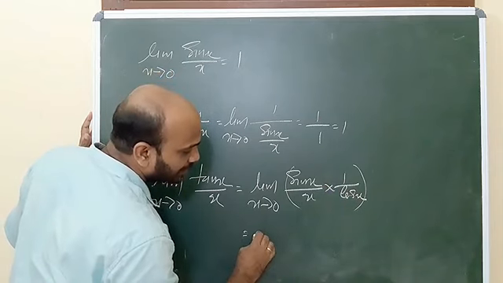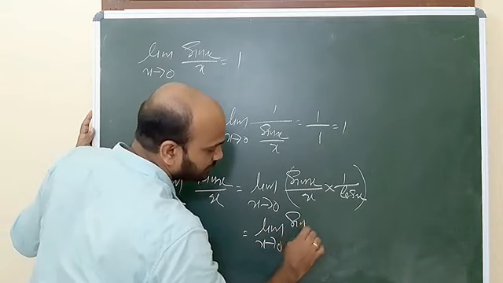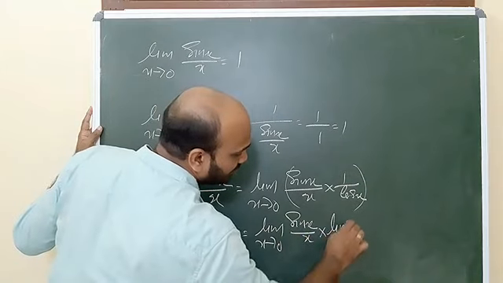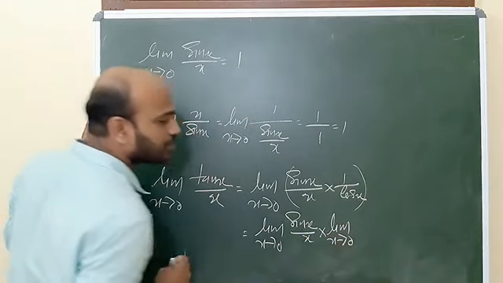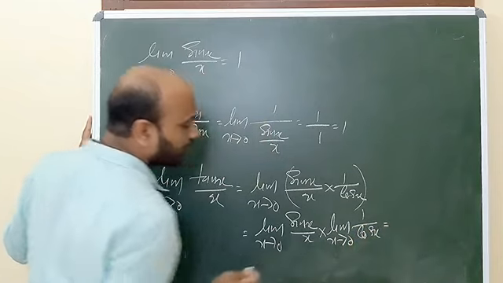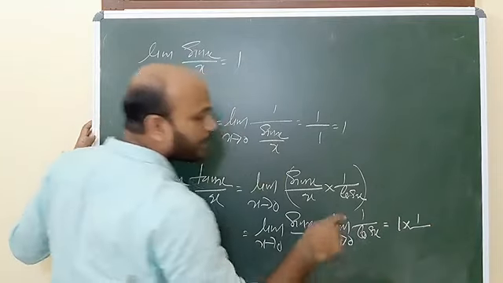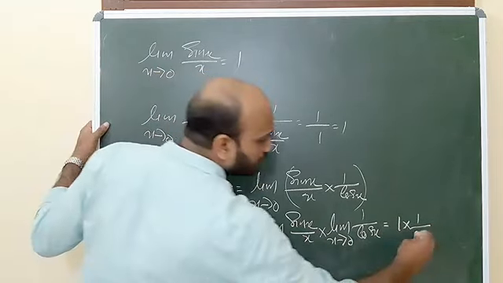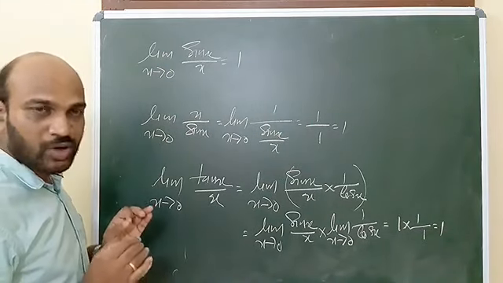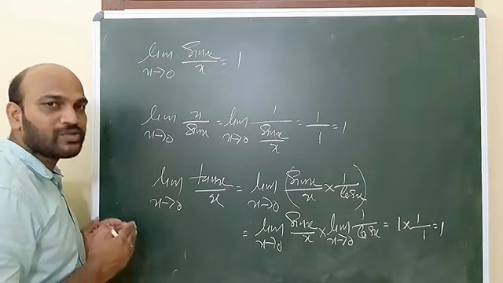So we'll get limit x tends to 0 sin x by x into limit x tends to 0 1 by cos x. So what about limit x tends to 0 sin x by x? That is 1 into 1 by cos 0 equal to 1. So the answer is 1. So limit x tends to 0 tan x by x also equal to 1. In the same way, limit x tends to 0 x by tan x will give the answer as 1.